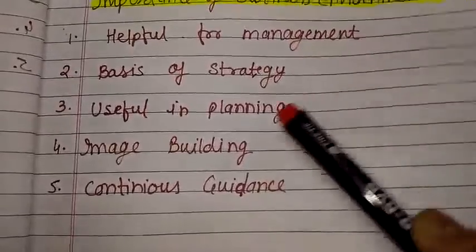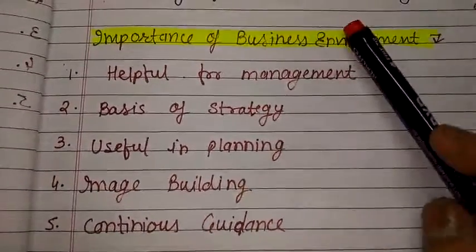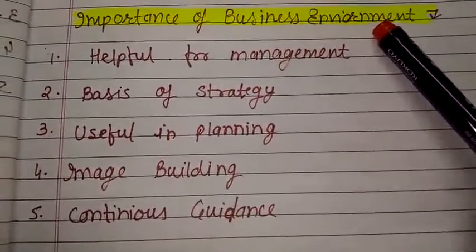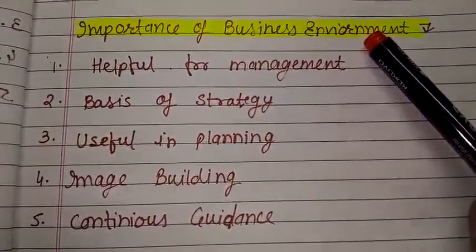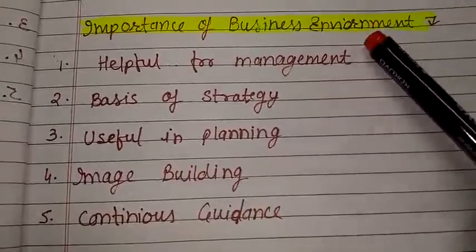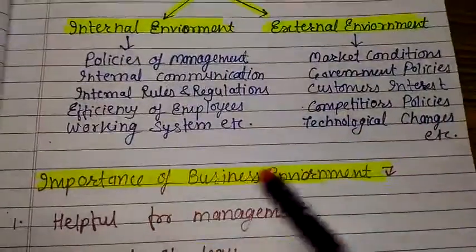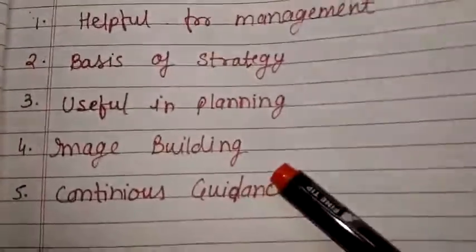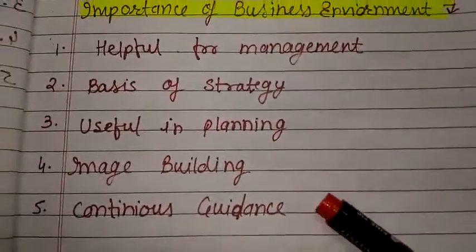And the last one is continuous guidance. Whenever we make a proper study of business environment, and take effective decisions by studying all types of environmental conditions, we can get continuous guidance.